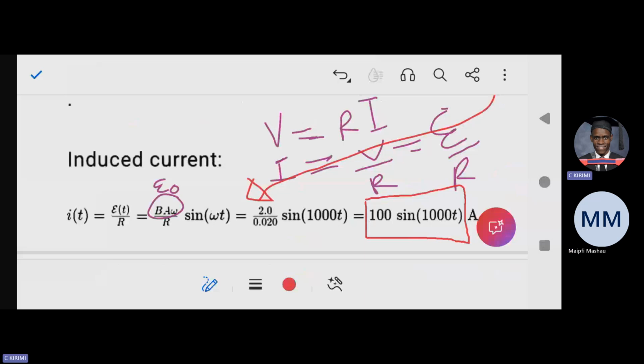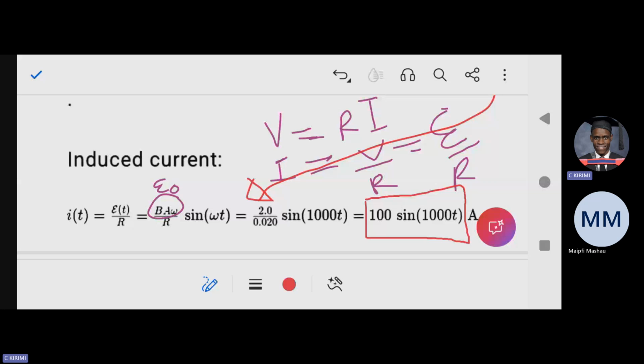Yes, it's one at the peak. That's why we are saying at the peak, it's one. That's why we replaced the sine omega t, which means the graph of sine at the peak, we know its value. At the peak, it will be one. So I can calculate that BA omega in terms of values.